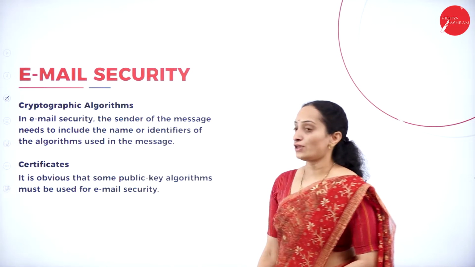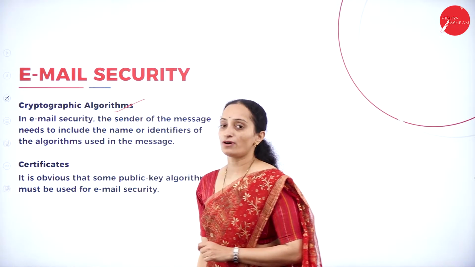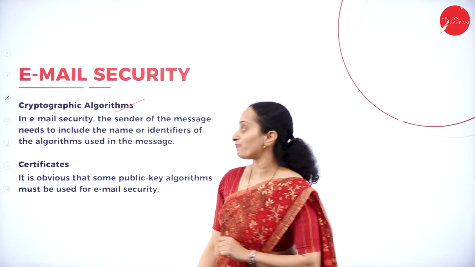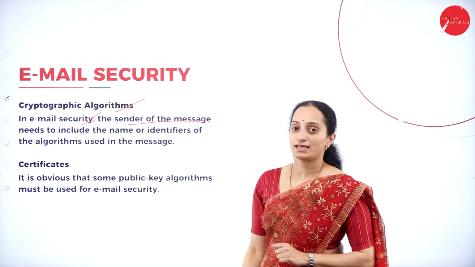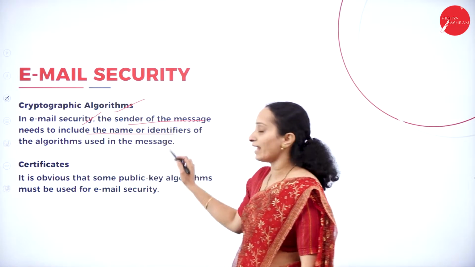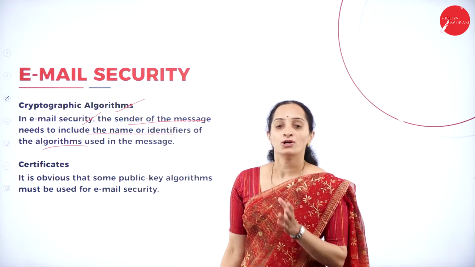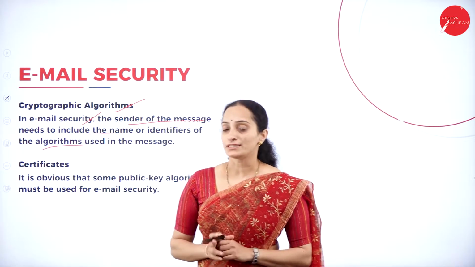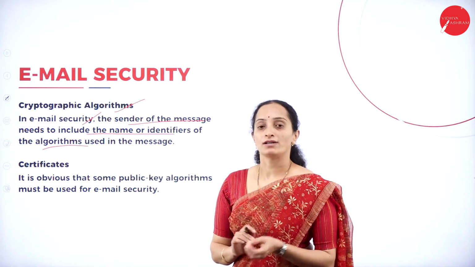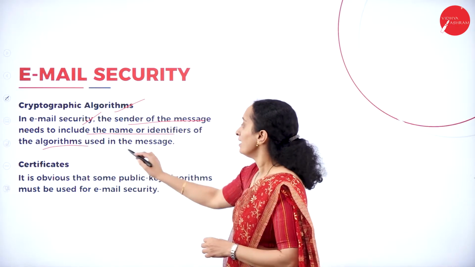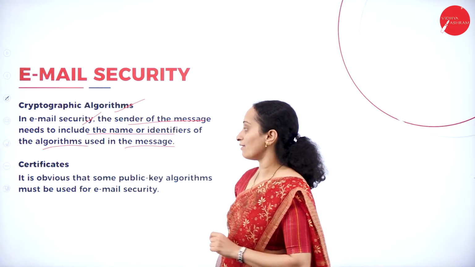What security can you give for an email? One is the cryptographic algorithms. In email security, the sender of the message needs to include the name or identifier of the algorithm. Which cryptographic algorithm must be used to secure the message sent through the mail must be ensured by the sender itself.